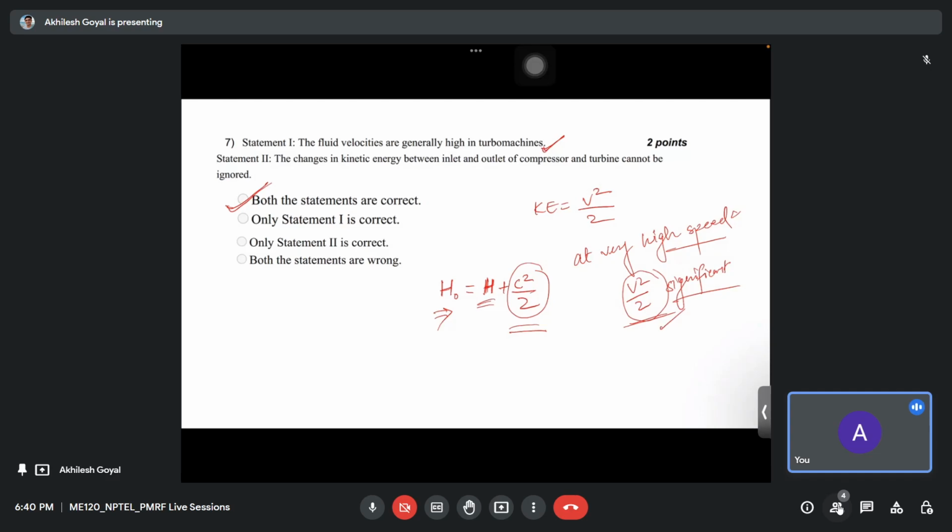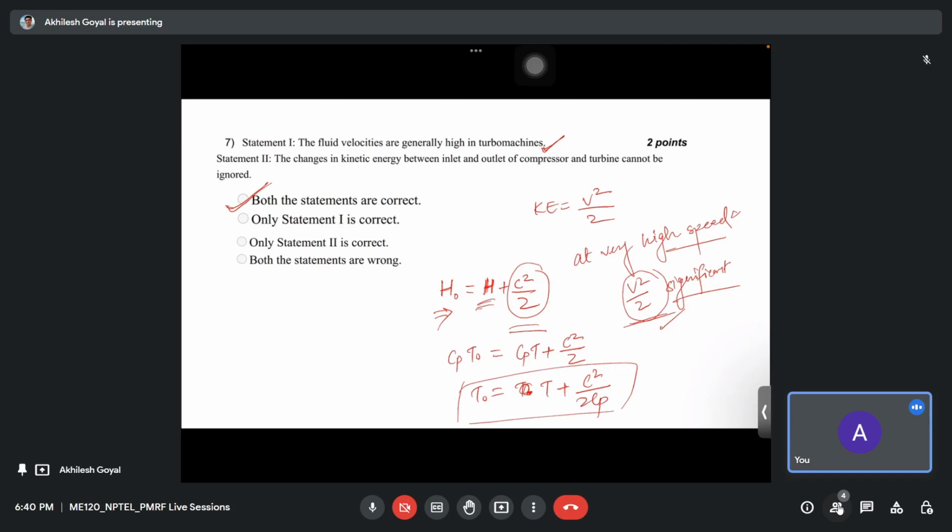Okay. So this h0 can be further written as cp T0. h can be written as cpT plus c square by 2. So the stagnation temperature T0 can be written as T plus c square by 2cp. Okay, so this is a true statement. Both the statements are true.